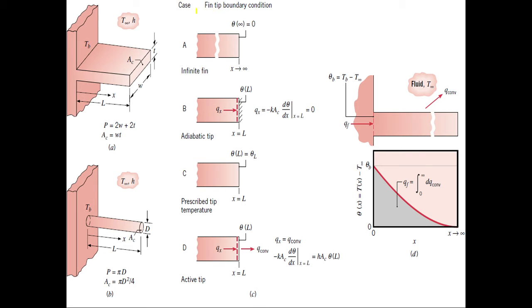So here are some different cases, with further simplification using different cases. First is the fin tip boundary condition. Here theta at infinity equals 0, that means the temperature at infinity is 0, and x tends to infinity, that means a very long fin, an infinitely long fin because its length tends to infinity.